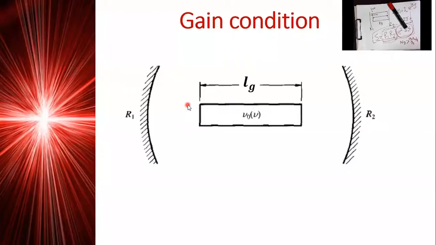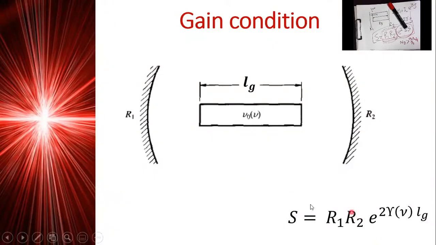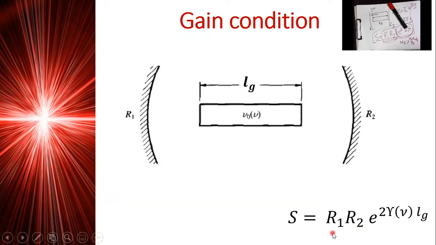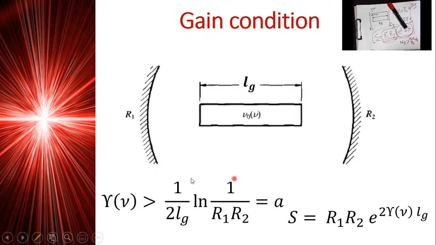So this is the condition we are seeking, to have S greater than 1. If you put S greater than 1, you can easily derive this condition. Just take the natural log of both sides to get rid of the exponential, and then you have this condition. So if gamma is greater than 1 over 2 Lg ln of 1 over R1 times R2, if this condition is sustained, then this optical cavity will turn into a gaining medium.